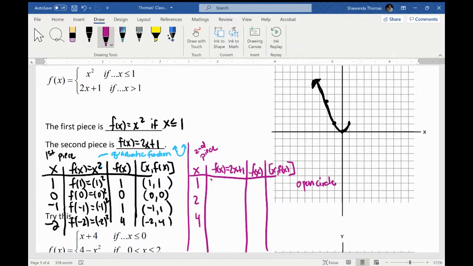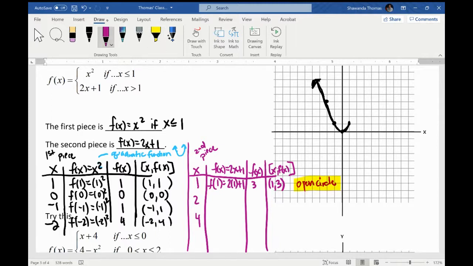All right. So f of 1 equals 2 times 1 plus 1. Someone other than Kenneth and Alicia, tell me what is f of 1 equal to if we plug in a 1? 3. Very nice. So our point is 1, 3. But we've got to remember it's going to be an open circle right there.